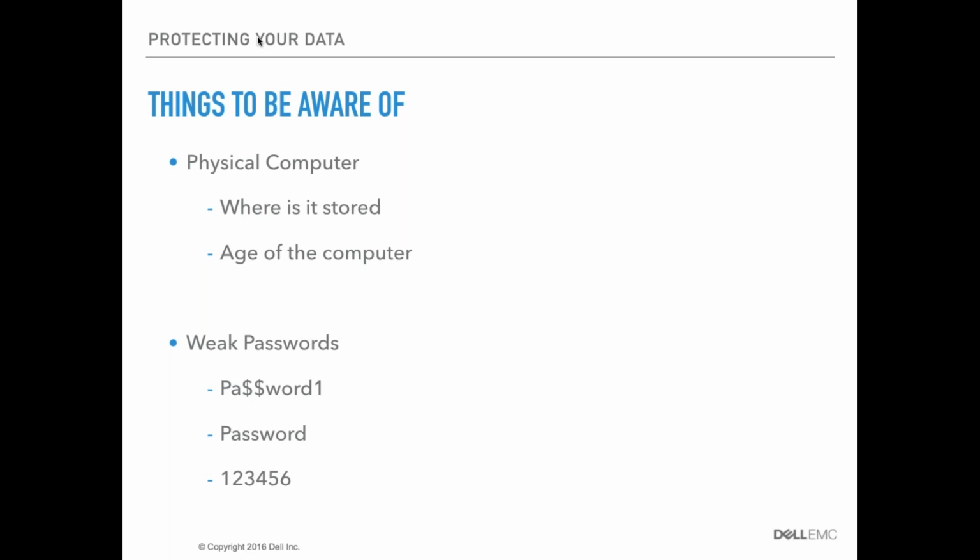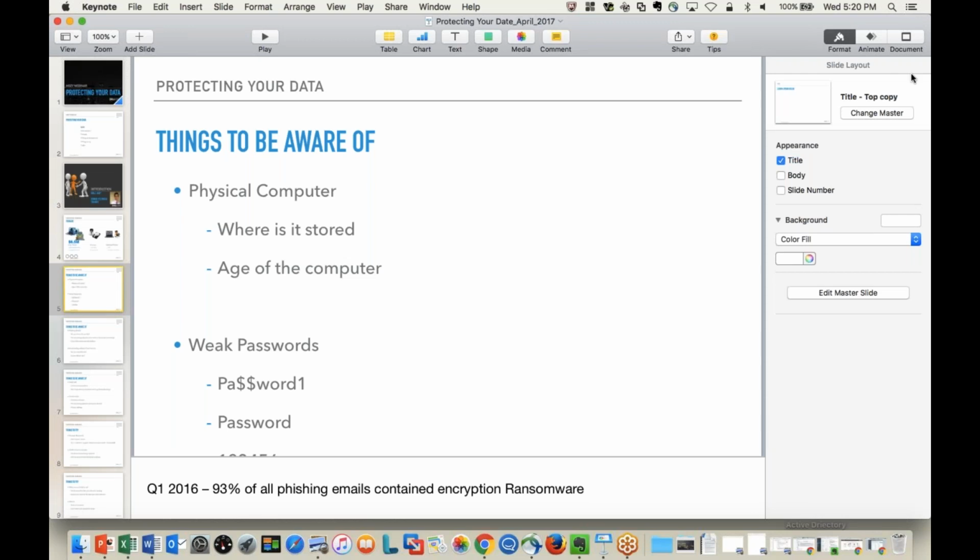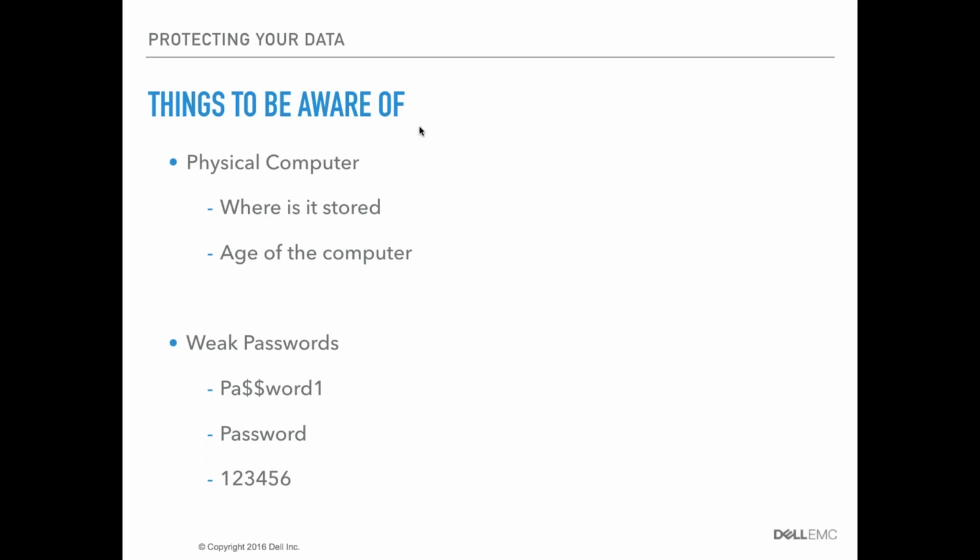Being in the support environment, we hear a lot of stories about individuals, and where their machines are stored can sometimes be a bit questionable, and then as well, the age of the computer.